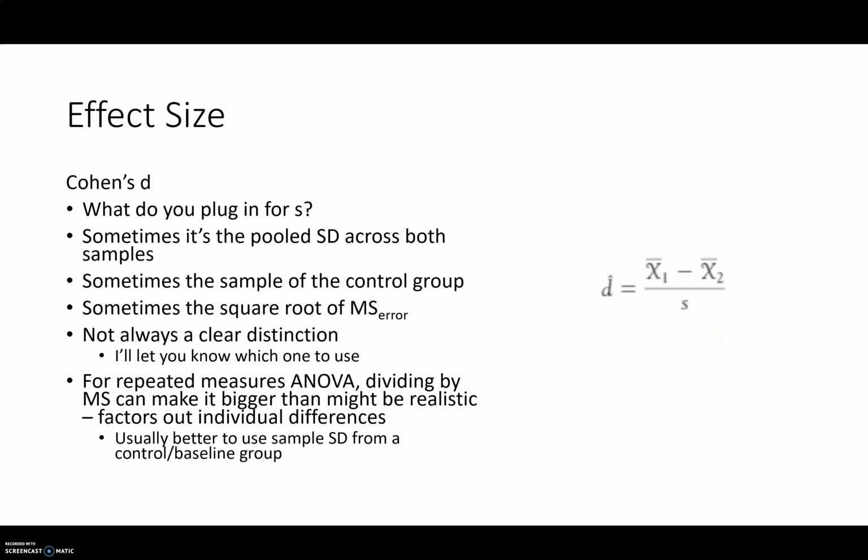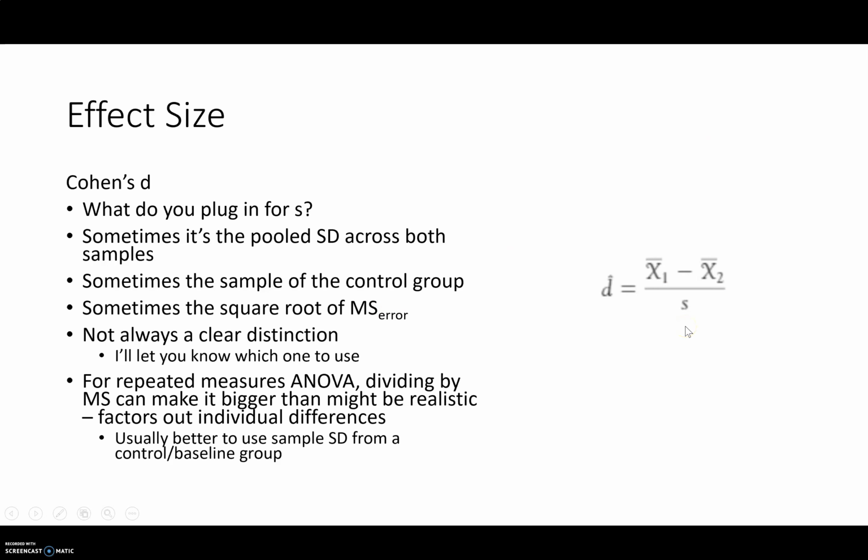Now, here's where it gets a little trickier: you need to know what to plug in for s. Because this sample has an s and this sample has an s, so which one do you use? It really depends, and this is where it gets a little less well-defined. Sometimes it's the pooled standard deviation across both samples. You just highlight both columns and take the STDEV.S function for both.